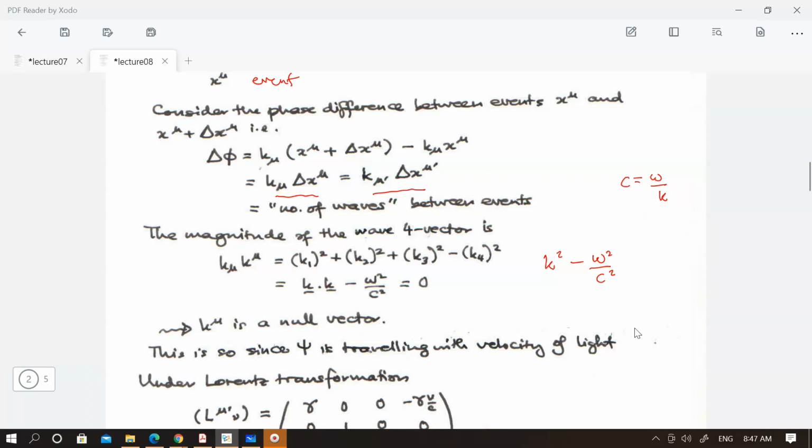So k equals omega over c. This is the magnitude now. So k squared is actually omega squared over c squared. In other words, this quantity is going to be equal to 0. So k mu is essentially a null vector.